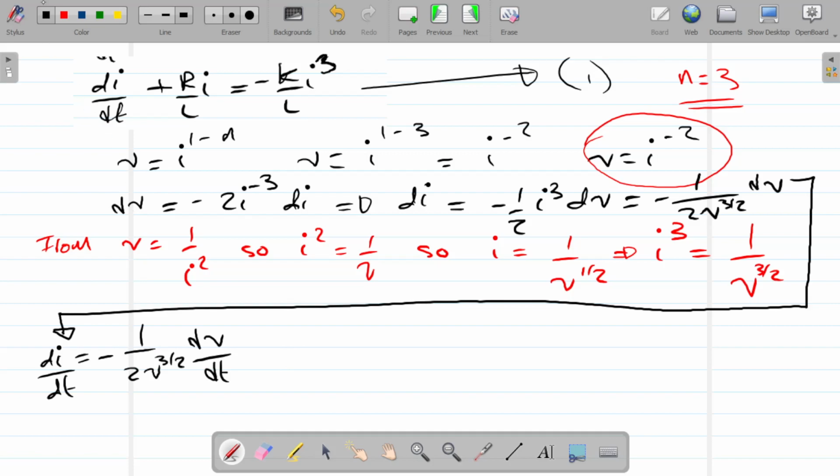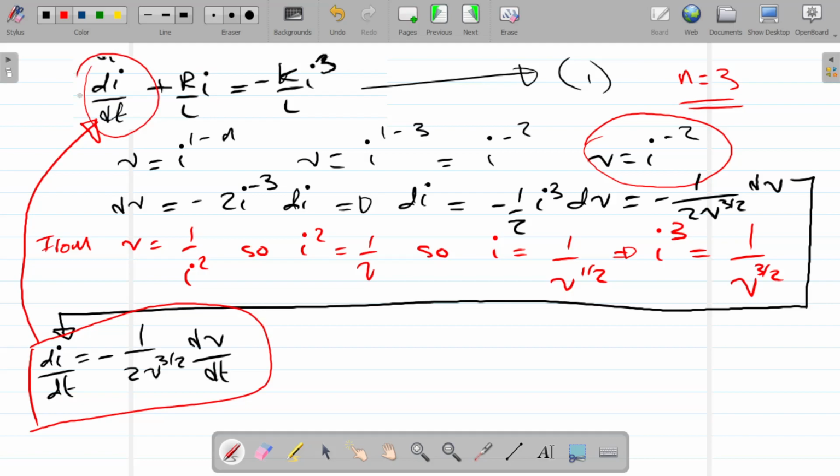Now we have more or less got the information we want, because we're going to stick it back into equation 1 for that term, and we also need our term for I, which we've worked out here, and we know that our I cubed term is that. So these are the 3 pieces of information that we need to put into equation 1.